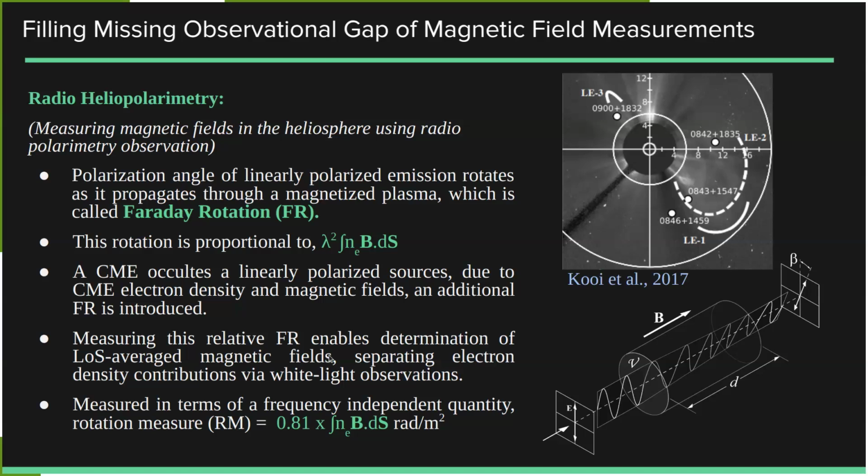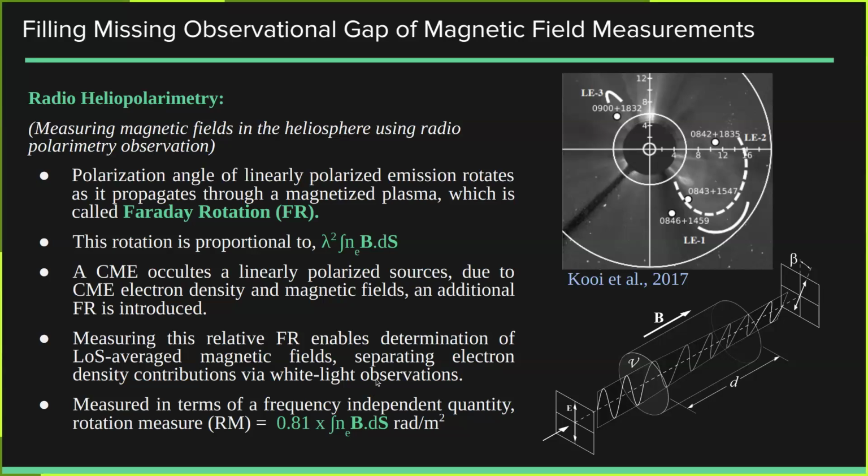If we can measure these changes and separate the electron density contribution using white light observation, we can get a line of sight average magnetic field strength. We generally do these measurements in terms of a frequency independent quantity called the rotation measure, which is the integration of the electron density and the magnetic field along the line of sight.